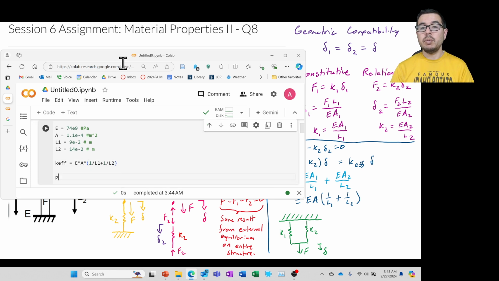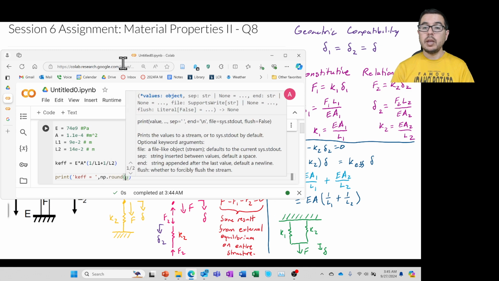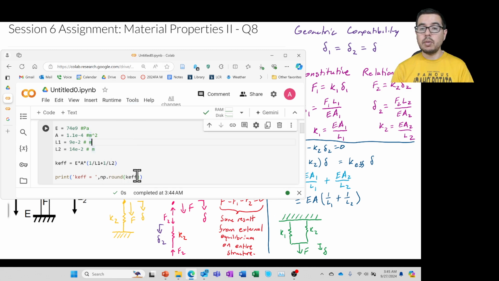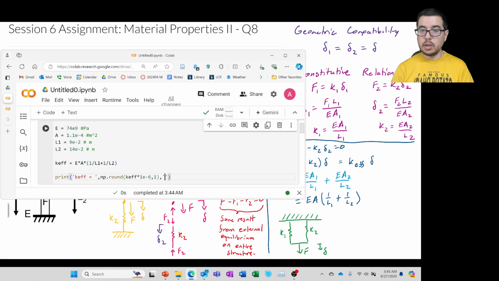And we can do a print. K effective is equal to, and we'll do an np.round, and we've got our K effective, and we're going to multiply this by 1e to the minus 6 because we want it in kilonewtons per millimeter, and we can just do one decimal place, and we'll put kilonewtons per millimeter like that.